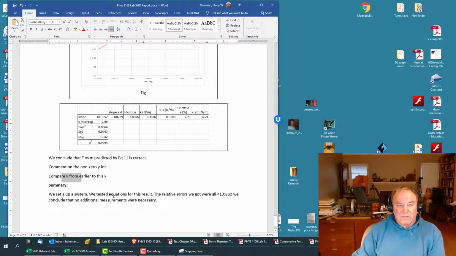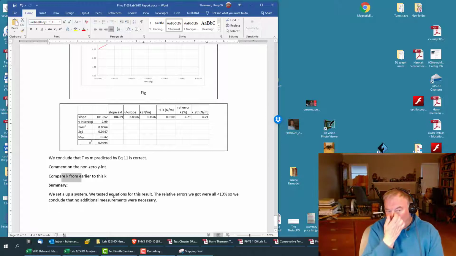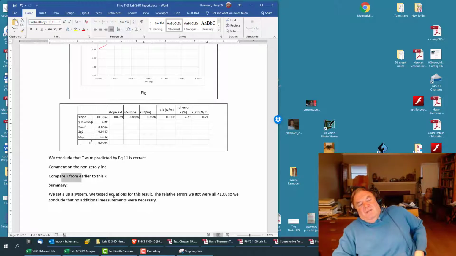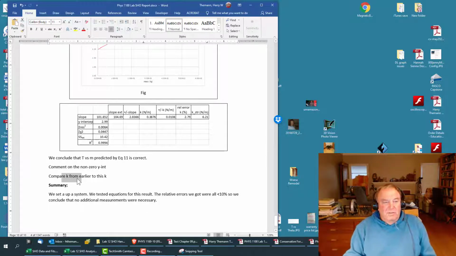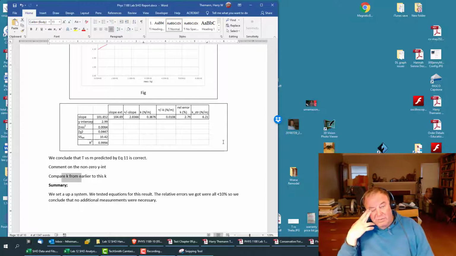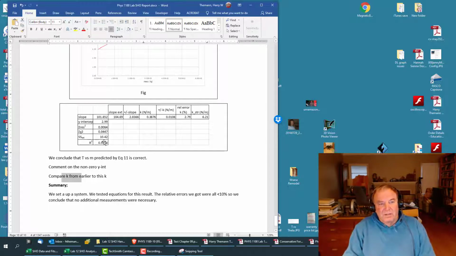And basically, the summary is, we repeat the conclusion from each of the parts, so they're all in one place. So we concluded this because of that and that. Remember, don't just say it shows this or it shows that. You have to say it shows this because, right? So this table shows that the equation for the period as a function of mass, or at least the period squared as a function of mass, is for sure a linear equation because the r squared value is so close to 1.